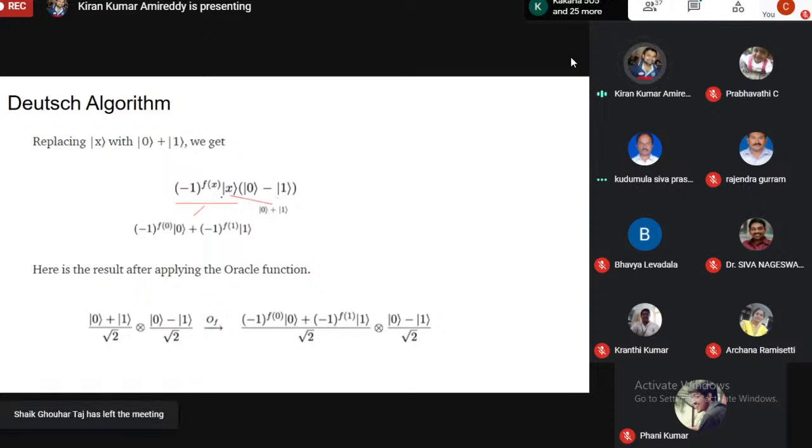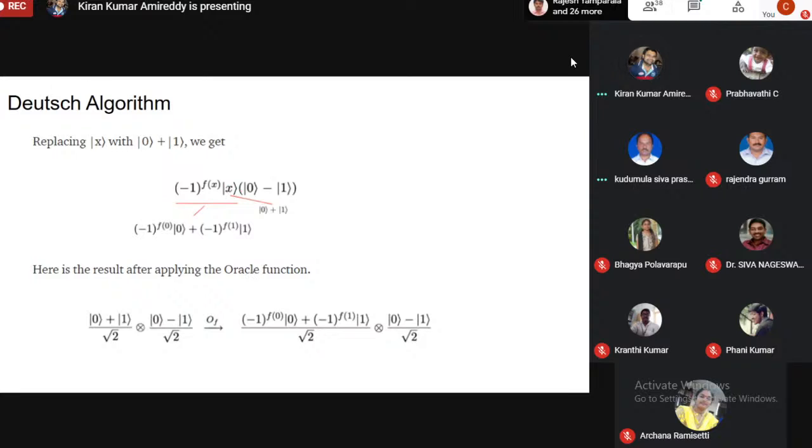But when we replace this x as 0 plus 1, you can substitute minus 1 multiplying with this. This x you can substitute as this one. So this multiplies with this and this multiplies with this. So that is the common thing.